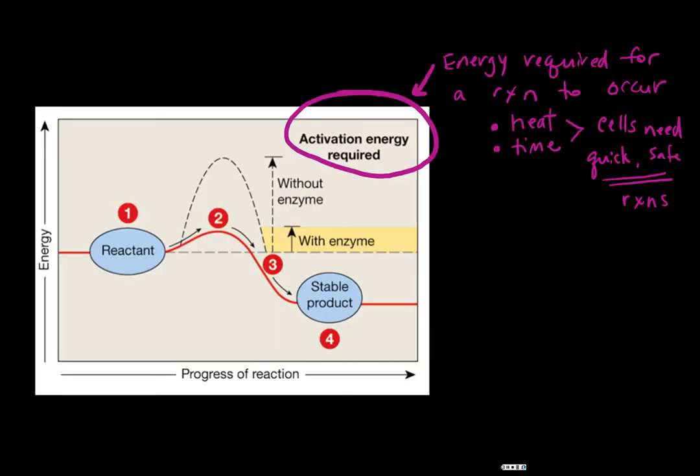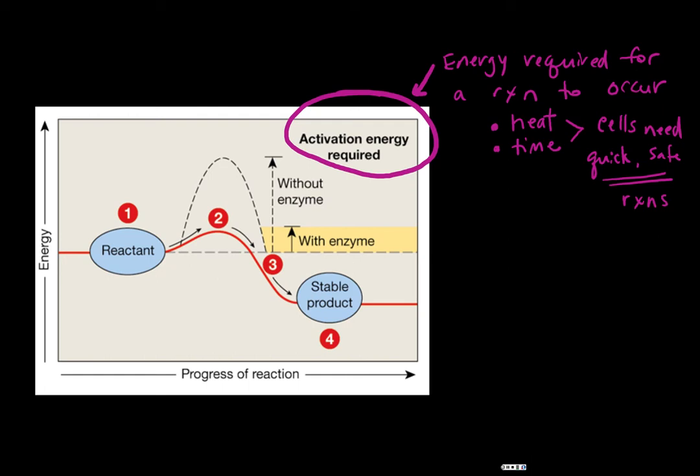There's another type of energy to talk about here, and this is called energy of activation. This is the energy that's required to actually get a reaction to happen. And in the laboratory, we can get reactions to happen by simply heating them up. You're doing this in the kitchen as well. So you can speed up a reaction by heating it, or you can just wait.